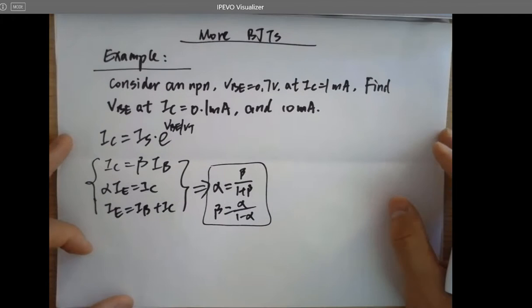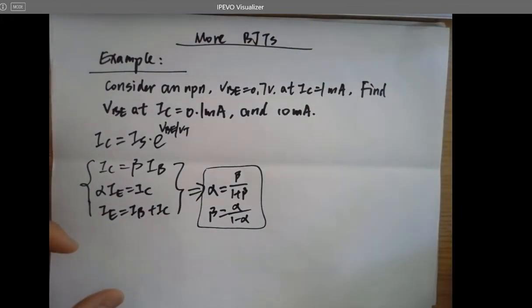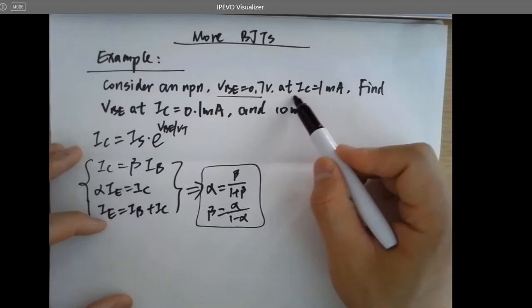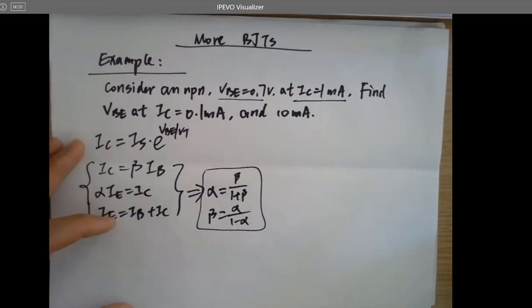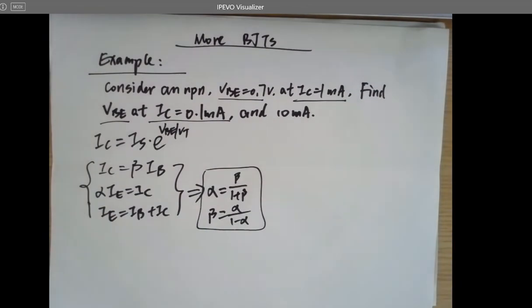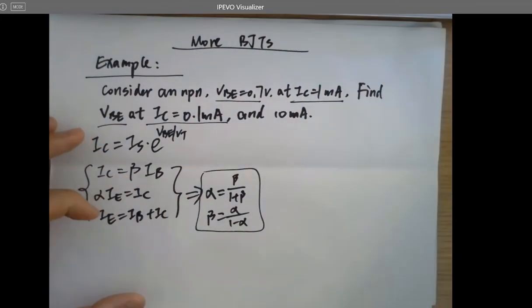Right. So for this problem, which equation do you want to use? VBE is given, and at that moment you got IC, which is 1 milliamp. So find out the VBE at a different IC. There are two different ICs, so you need to calculate them separately.